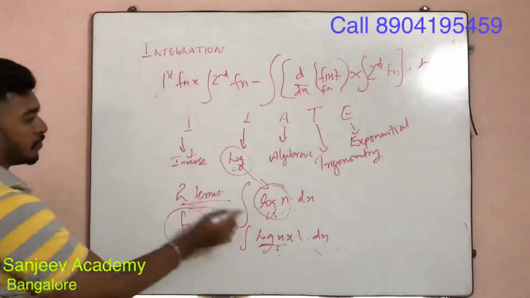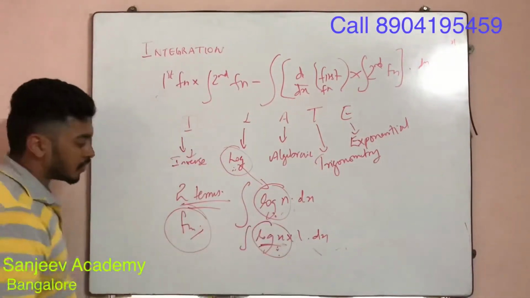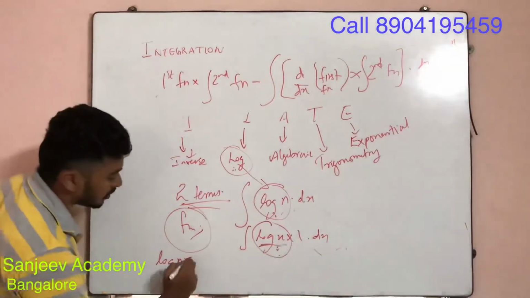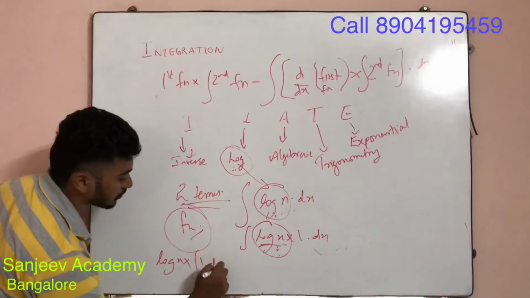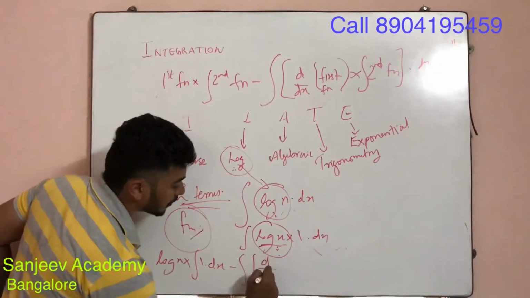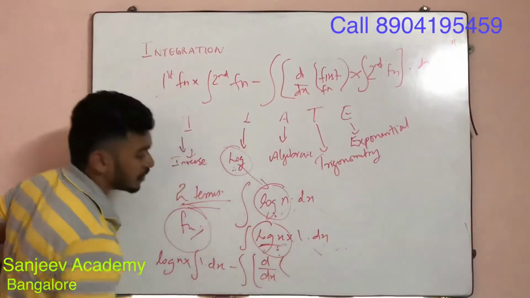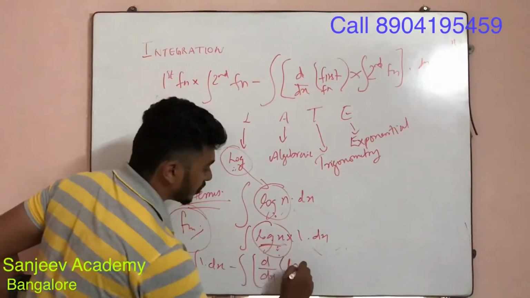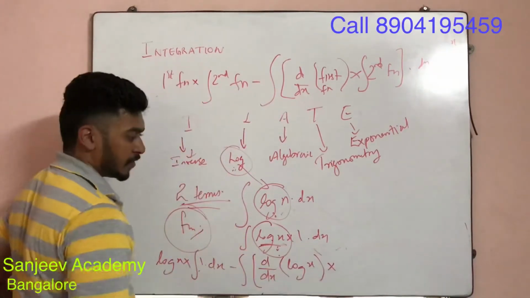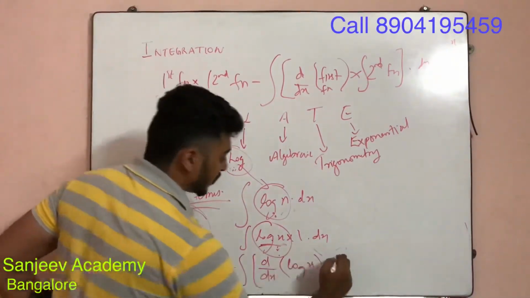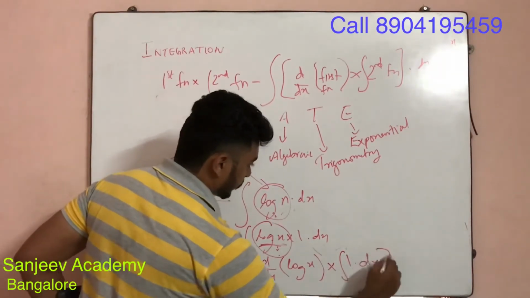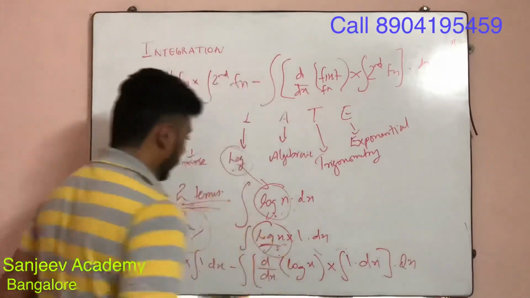So the first function for this particular question is log x. Write down log x into integral of second function, integral of 1 dx, minus integral of d by dx of first function, log x, into integral of second function, integral of 1 dx.